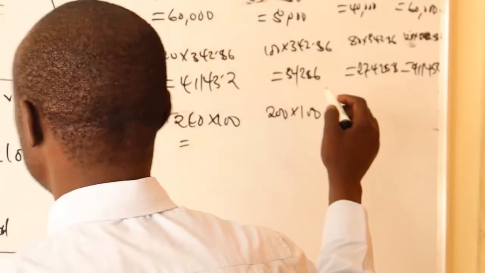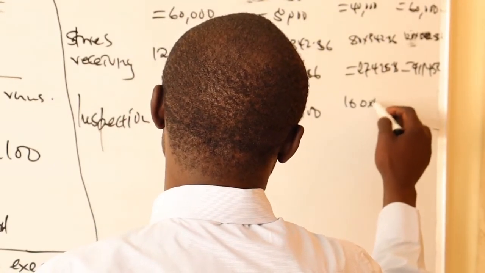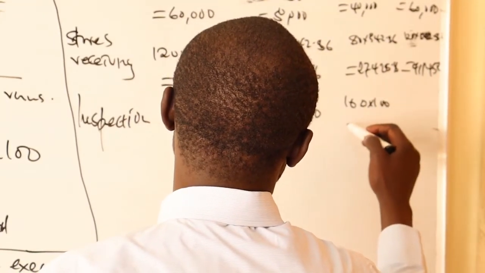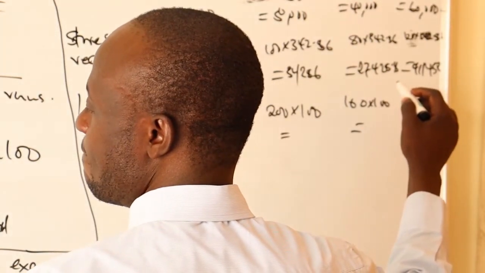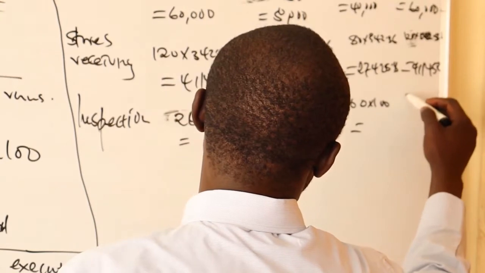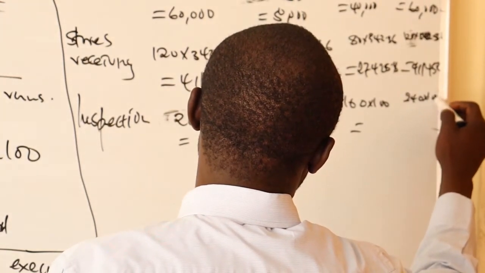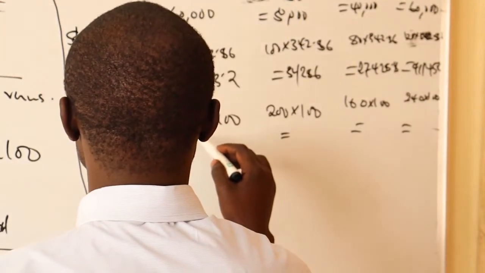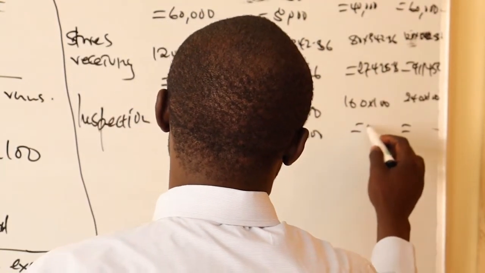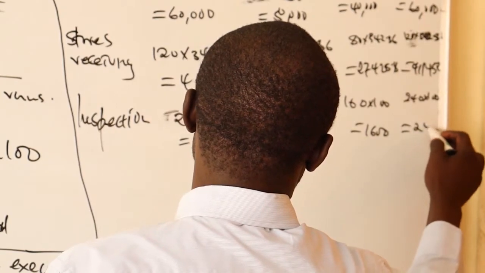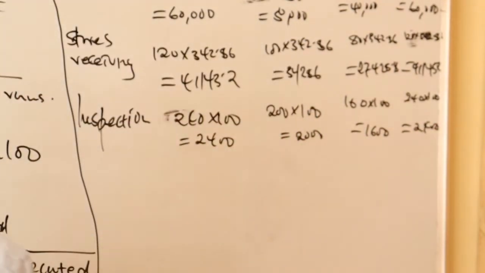The third one is 160 times 100, and lastly 240 times 100. So this one will be 24,000, 20,000, 16,000, 24,000. So that is inspection.